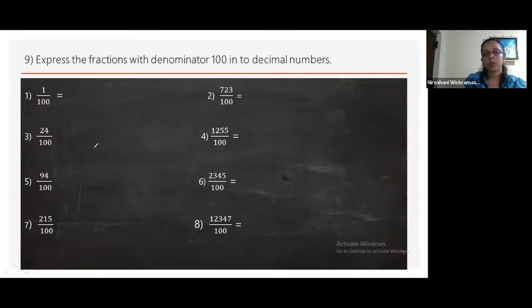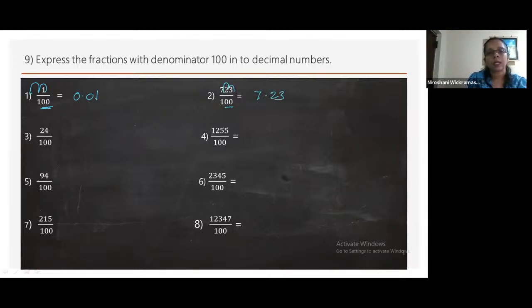Powers of 10, 10 to the power 2, it means 100 at the denominator. So what you have to do is move 2 places back. 2 zeros, 2 decimal places back. 0.01. 2 zeros, 2 decimal places back, 7.23.